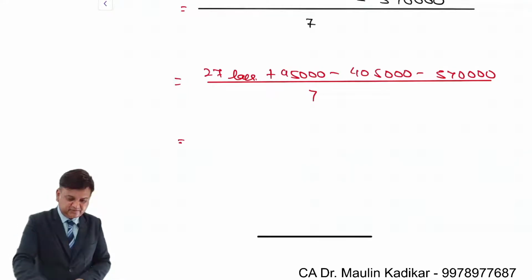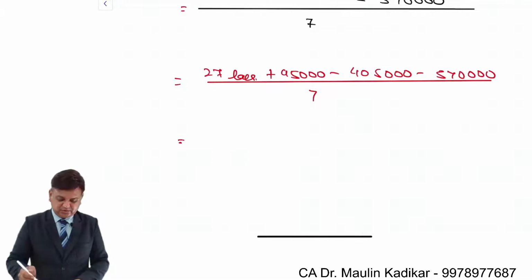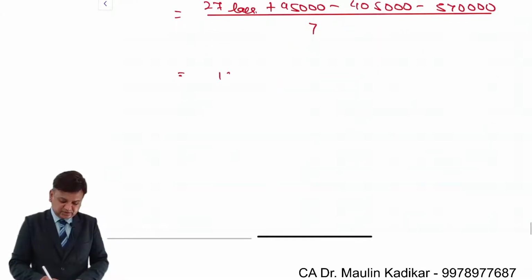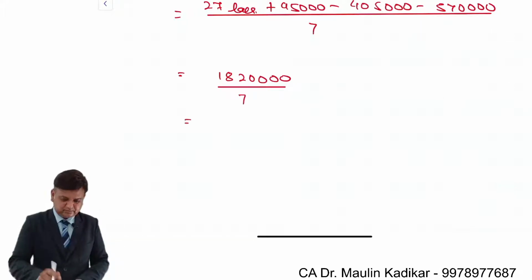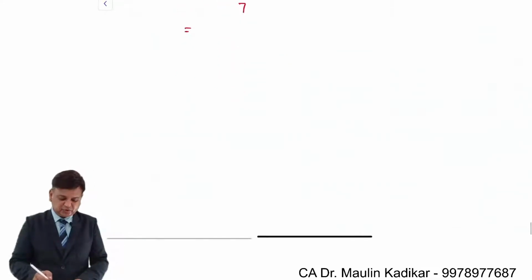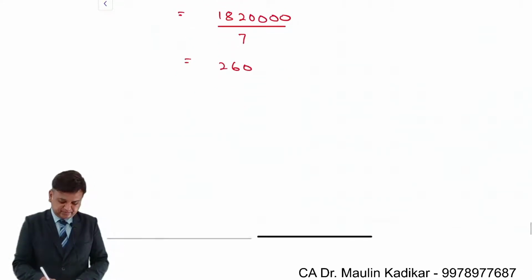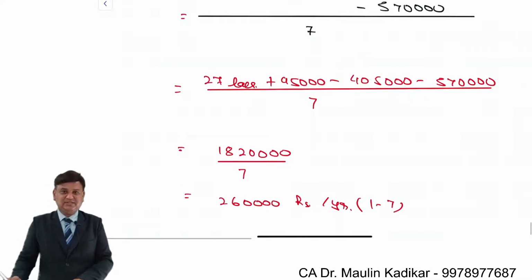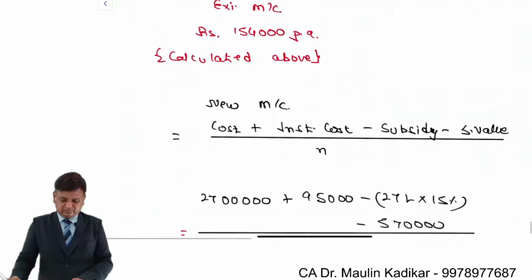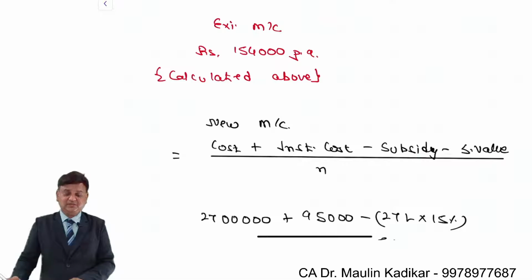So the numerator is 18 lakh 20,000 divided by 7. So 2 lakh 60,000 rupees per annum, again year 1 to year 7. That is the depreciation for the new machinery.